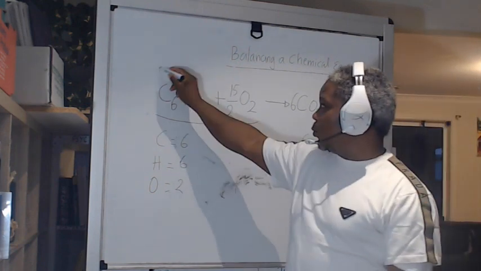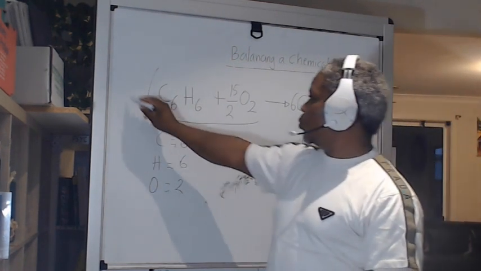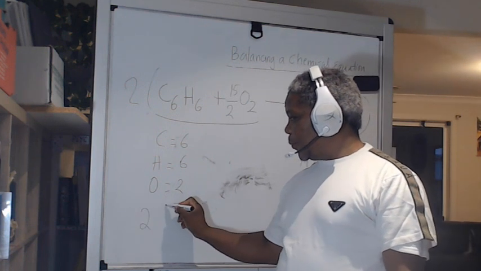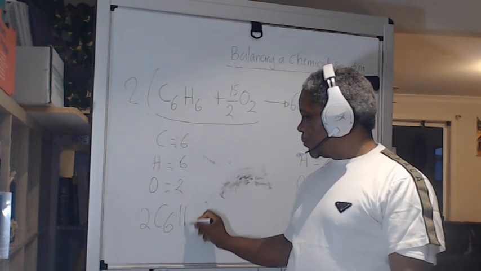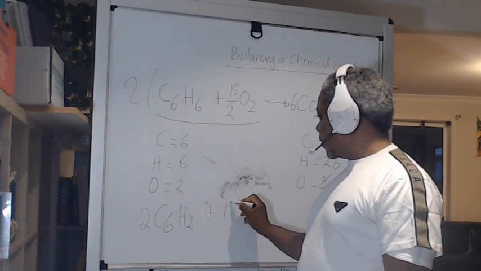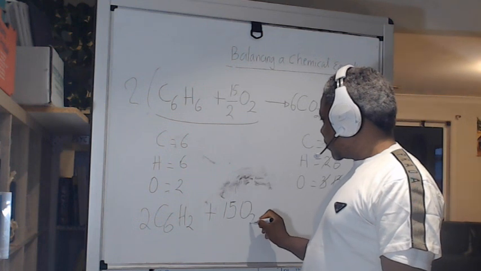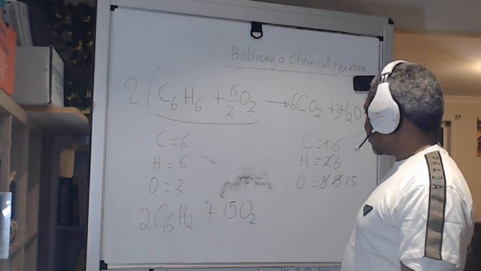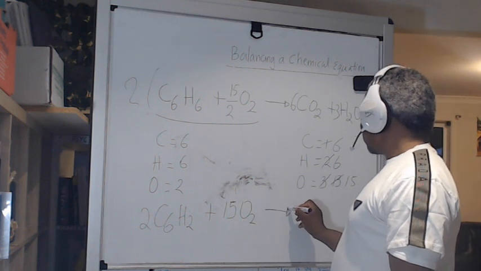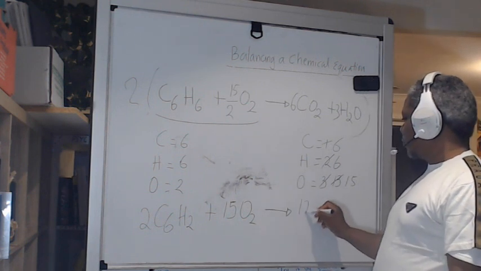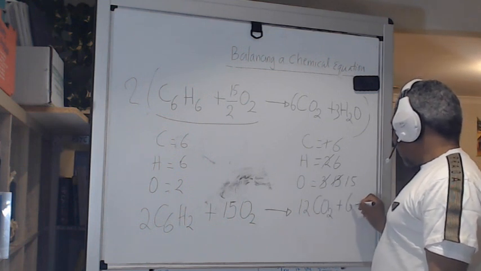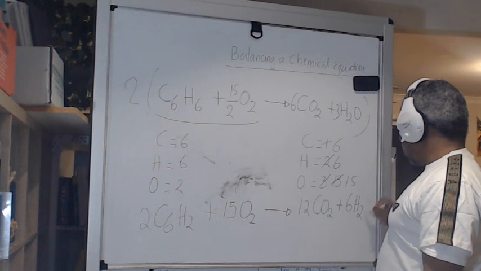So all of this times 2 becomes 2 benzene plus 15 oxygens give you 12 carbon dioxide plus 6 molecules of water.